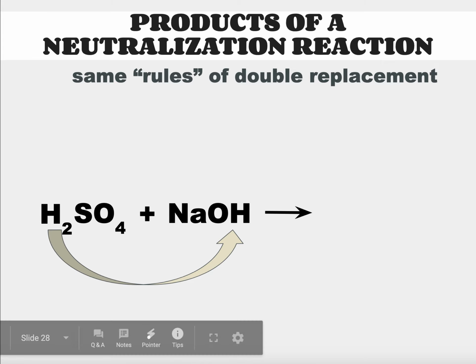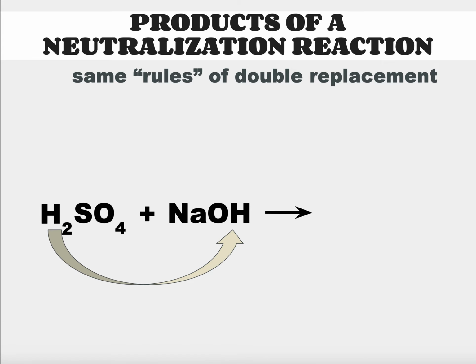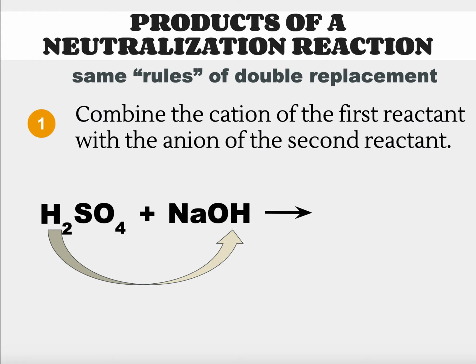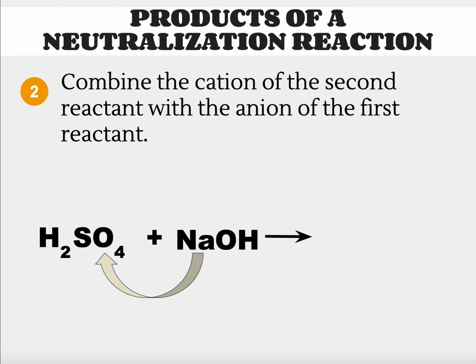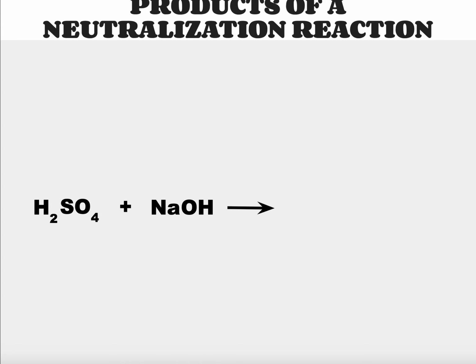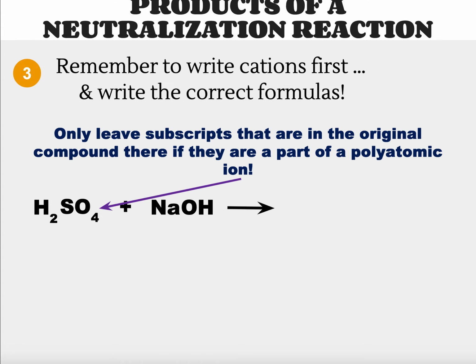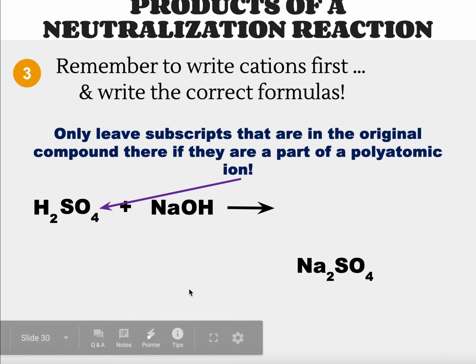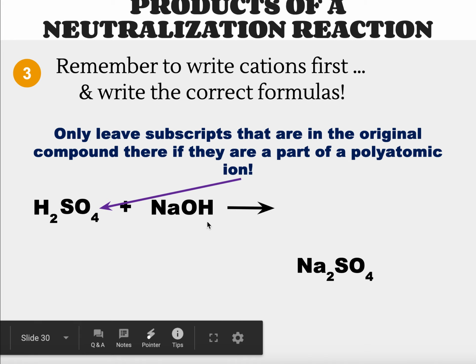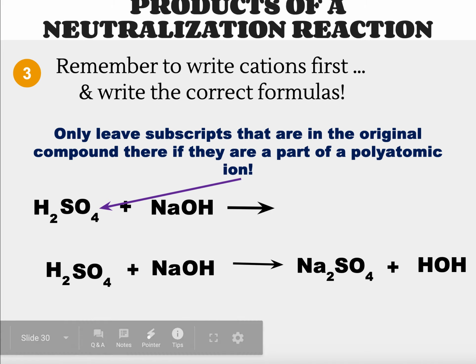We can look at this exact same thing, but with a neutralization reaction. So it's the same kind of rules. So my H is going to bond with my OH, and my Na is going to bond with my SO4. And so I look up the charges of each, and so I know SO4 is -2, which is why I get a 2 right here in front of the Na, and H and OH, there's my water.